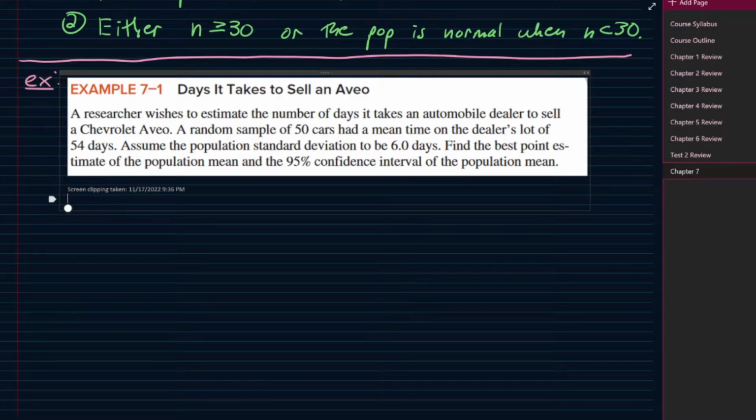Okay, so this is very powerful. Let's just consider again what we're doing here. The researcher is wishing to figure out the population mean of the number of days it takes an automobile dealer to sell a Chevrolet Aveo. So he's going to figure out with a certain level of confidence the mean of the entire population from a single sample. It's really, really important.